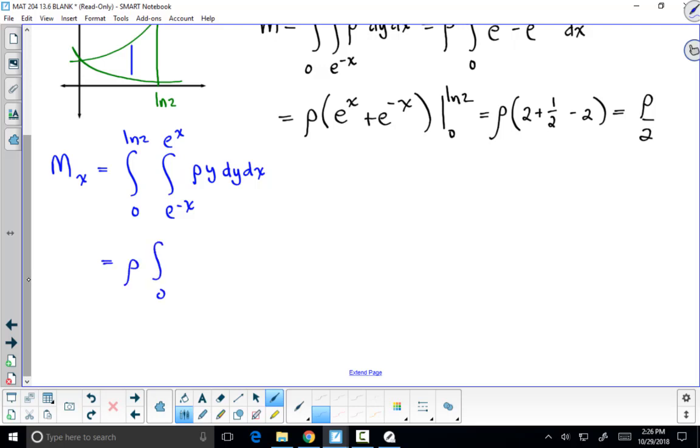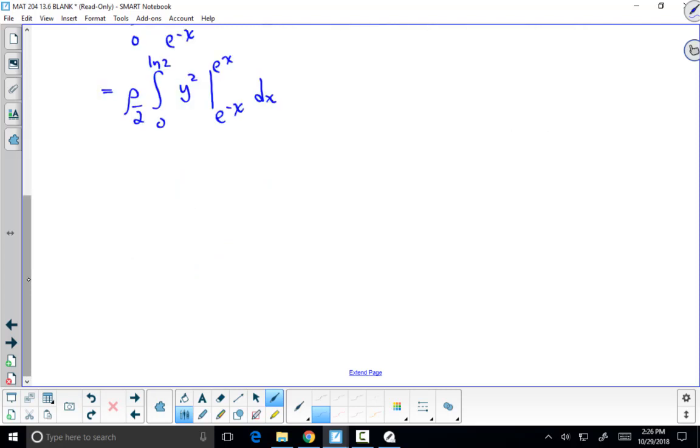Okay, so here the rho again, it factors all the way out to the front because it's constant. And we're going to integrate with respect to y. We get y squared over 2. Let's pull the over 2 out to the front also. So we have just y squared on the inside. So it looks like that. Plug in the e to the x, plug in the e to the minus x, and simplify. Rho divided by 2, 0 to natural log of 2.